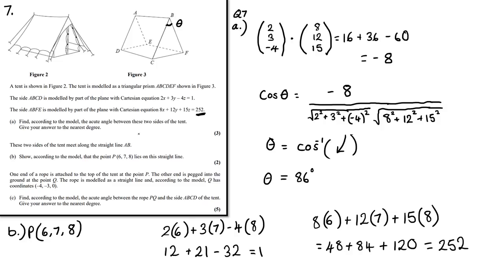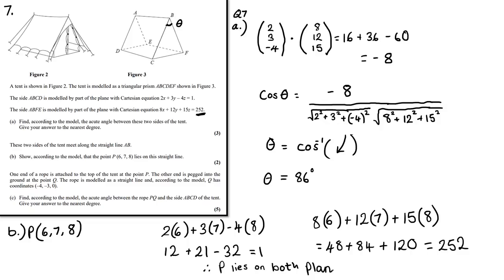So what we want to show is that when you substitute this point P into both Cartesian equations, you get what it's equal to on the right-hand side. So all we need to give now is just a quick conclusion to this. Therefore, P lies on both planes.